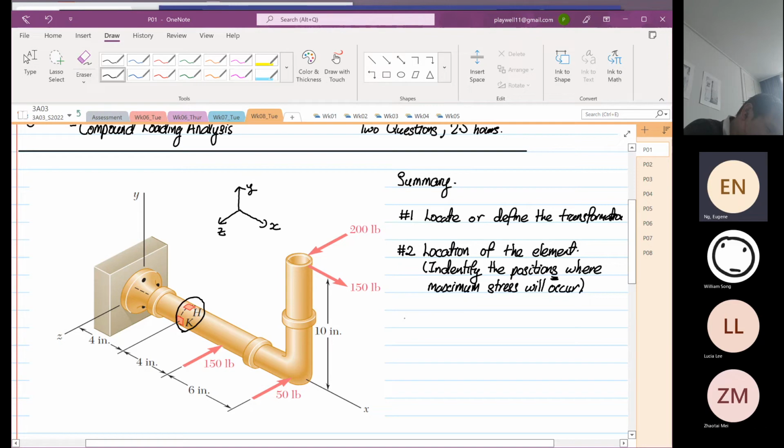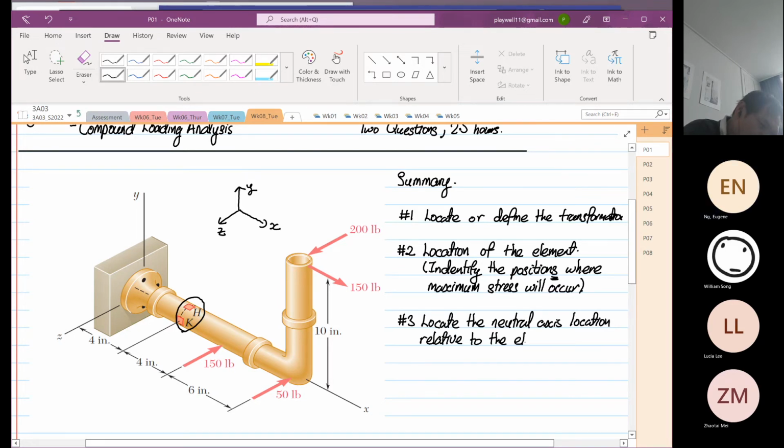And then the next thing that you do is you locate the position of the neutral axis, location relative to the elements. Okay.